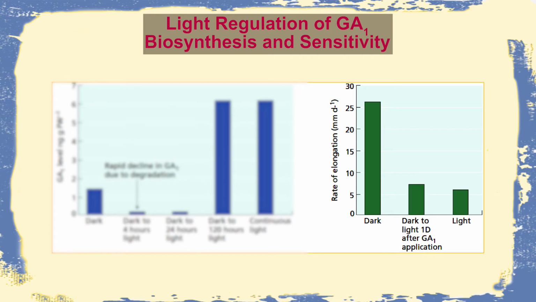This indicates that though light promotes gibberellin synthesis, it decreases the sensitivity of plant towards gibberellin. This is also related to checking overgrowth of plants. The mechanism is mediated by light-induced phytochrome mediated signaling pathways.